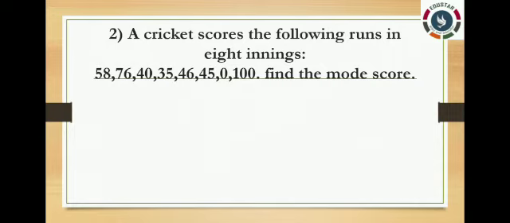Now we have to count how many times a number occurs. Start with 58. 58 how many times occurs? Yeah, 1 time. 76 1 time. 40 repeated 1 time. 35 occurs 1 time. 46 occurs 1 time. 45 occurs 1 time. 0, 100. So all the data occurs only 1 time.